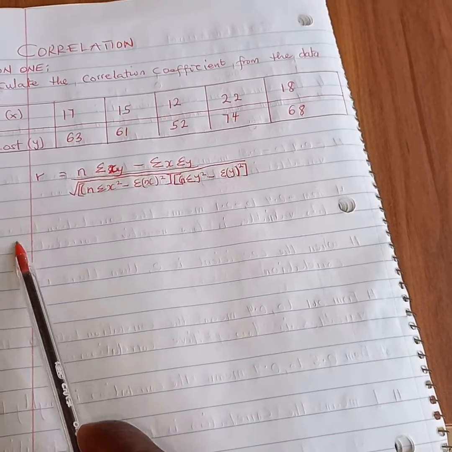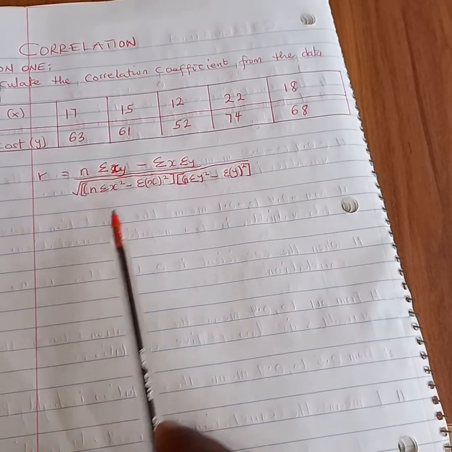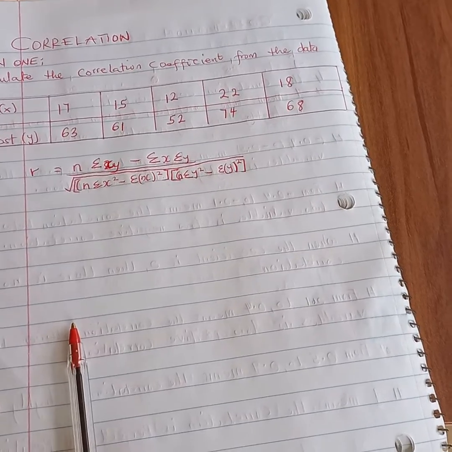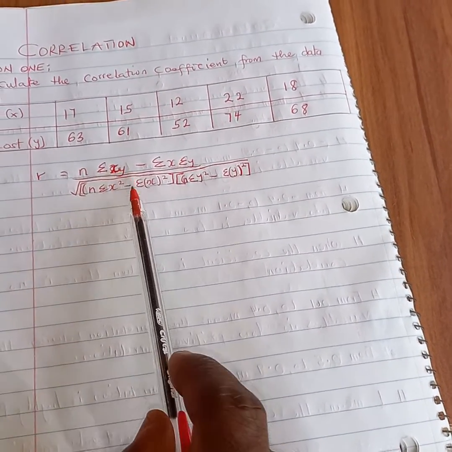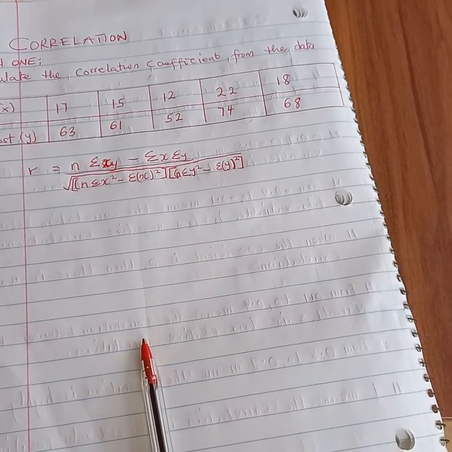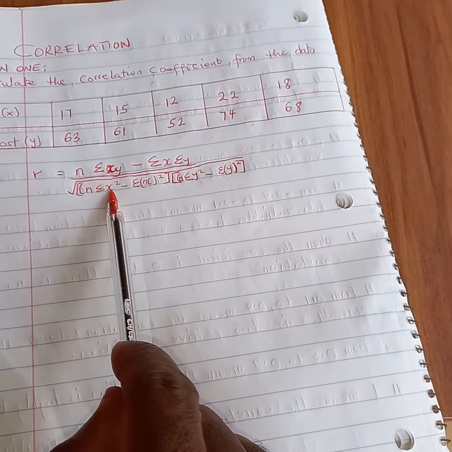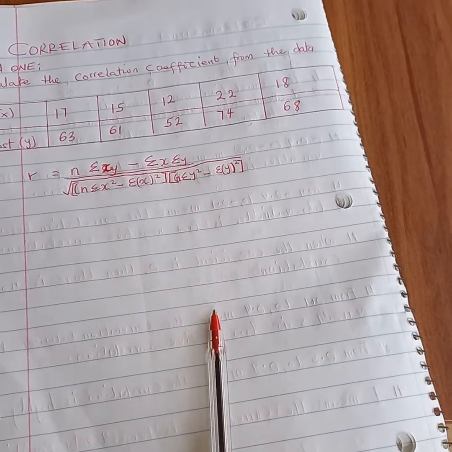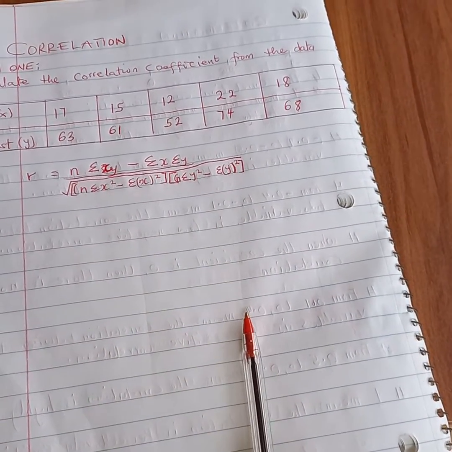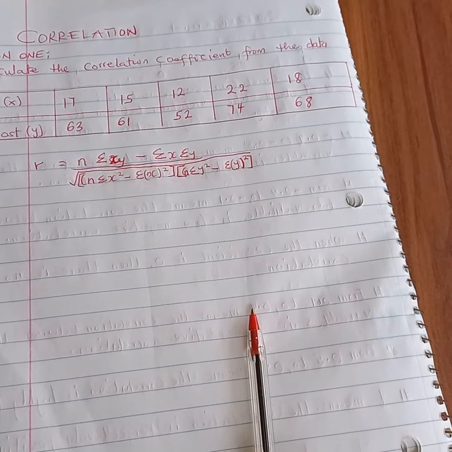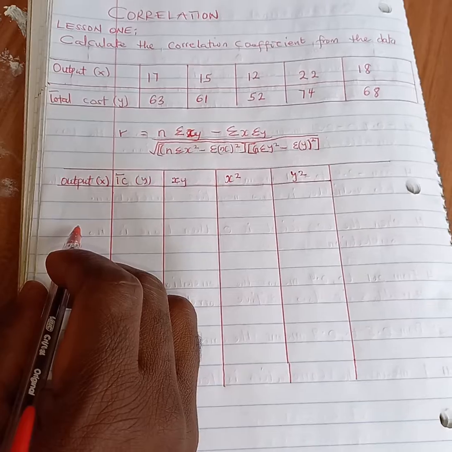So we have to get an x column and a y column. Then we have xy, meaning x times y, so we get an xy column. We have x squared, so we get an x squared column, and y squared, so we get a y squared column. Now let's draw the table and see.